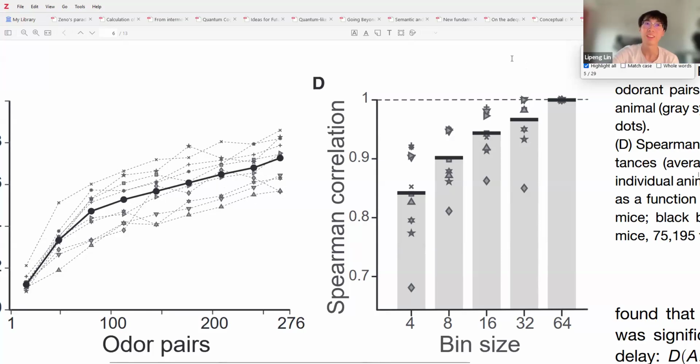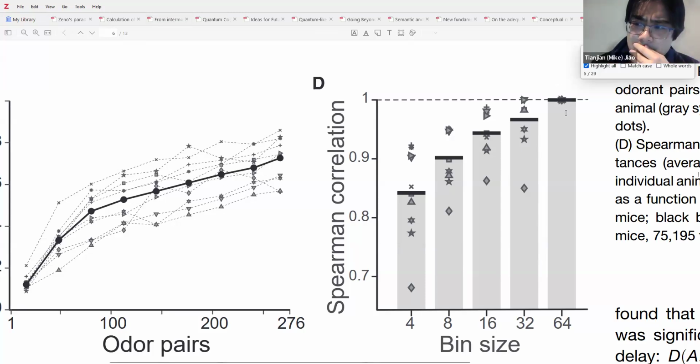Oh, and then the comparison is between one mouse and the average of all mice, which is the black line there. Okay. That's my understanding of Spearman correlation and how to calculate it here.